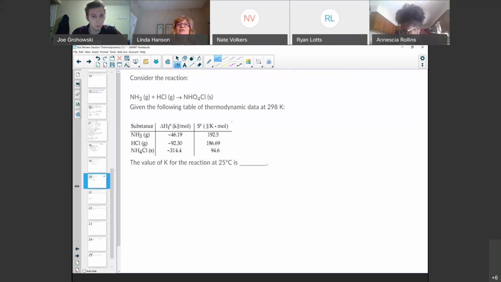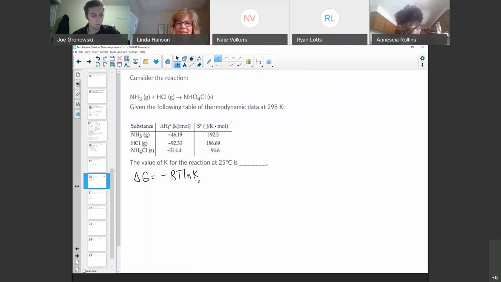This type of question pulls in so many different formulas to apply them to pull out a value of K. I'm given thermodynamic values for delta H and delta S, and I'm asked to solve for K. So if we think about strategy, I know that ultimately delta G is equal to negative RT ln K, and that's what we're being asked to solve for. In order to find K, the equilibrium constant, we've got to know delta G, don't we?